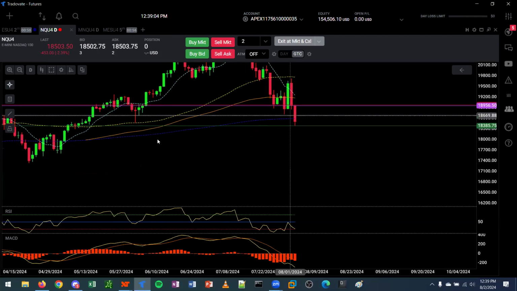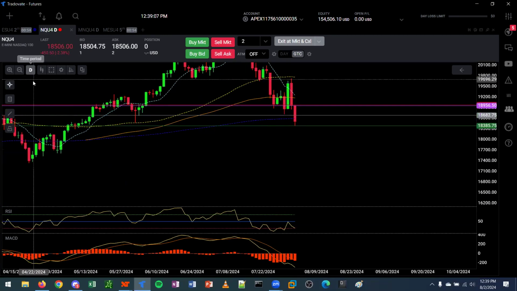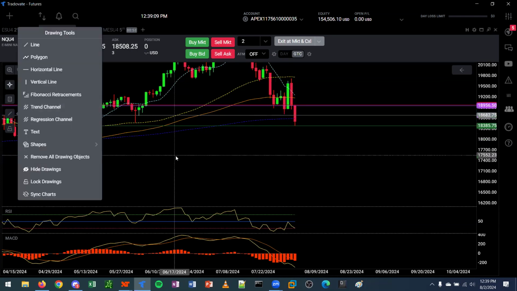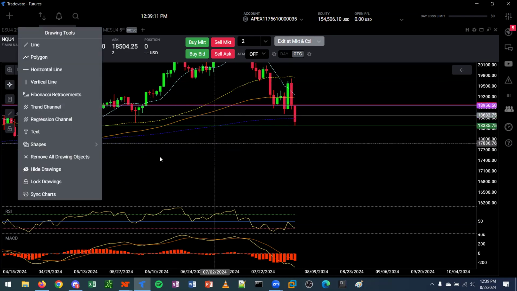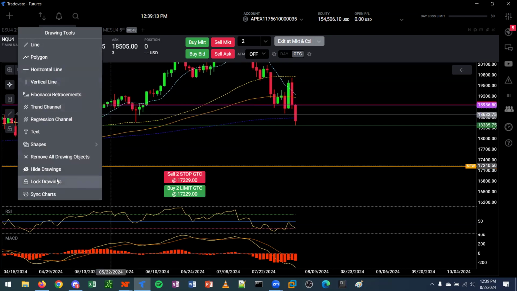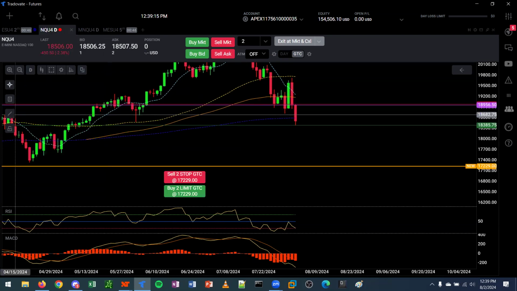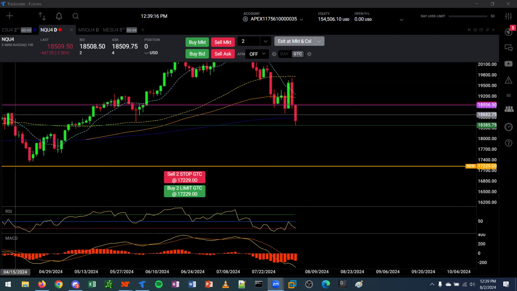Because this can still be an uptrend, even though in the micro it's currently a downtrend. You know what I'm saying? Because we're in an uptrend, right?